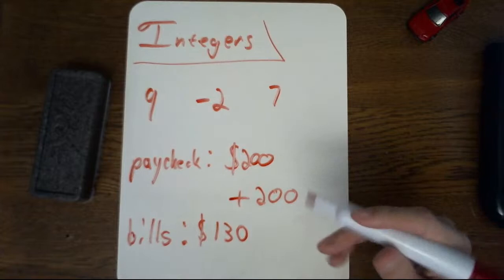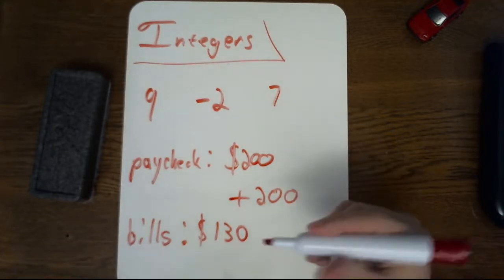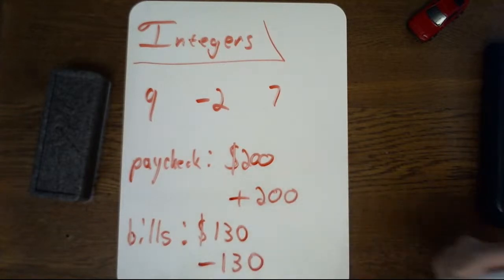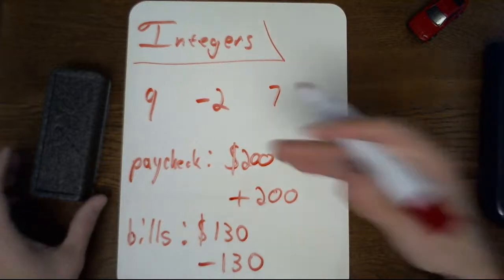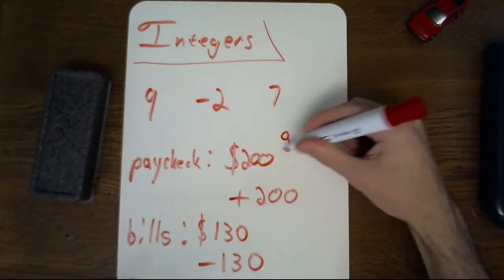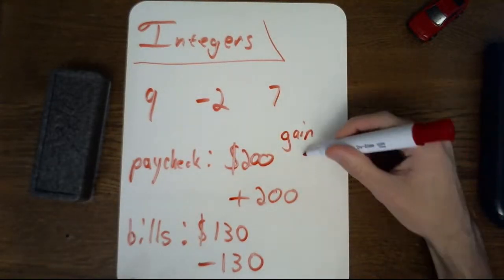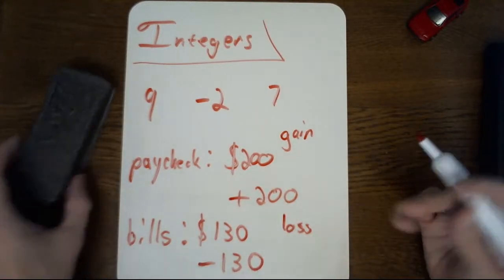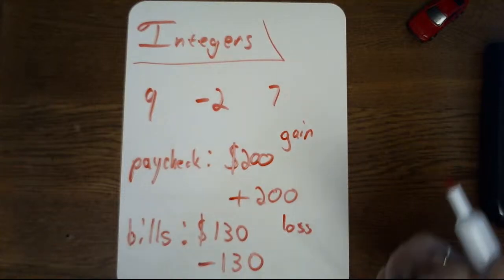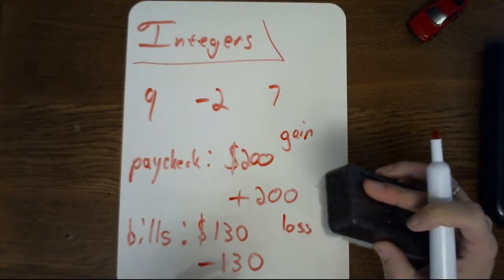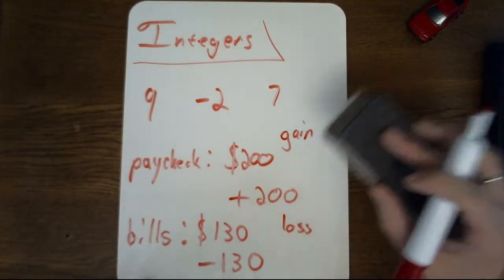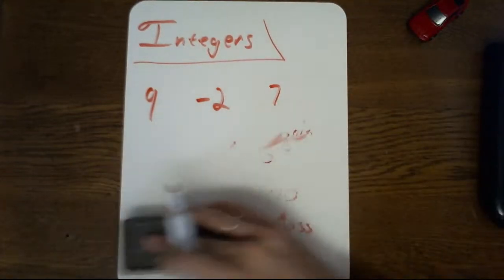So bills are something that you have to give up your money for. Since you're giving up money, that would be -130. Fairly simple. So a gain would be positive and a loss would be negative. And this is really up to you to determine. At this point, it should be pretty straightforward to think about. Gain is positive, loss is negative.